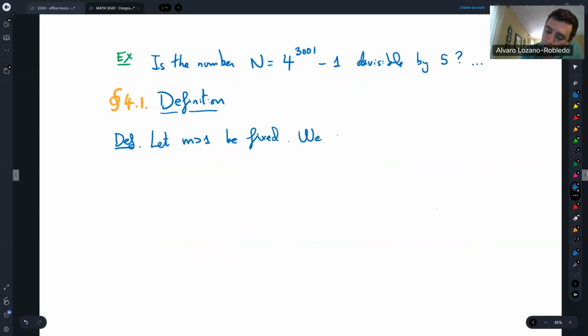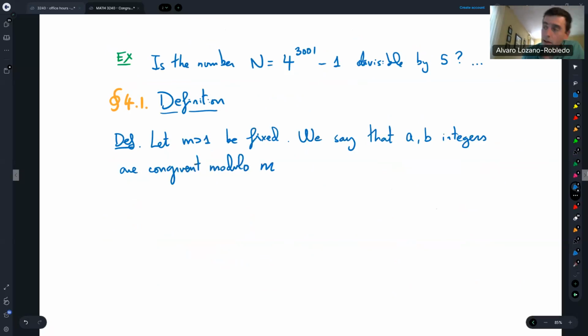Then we say that two integers, a and b, are congruent modulo m, and write that a is congruent to b modulo m, if m is a divisor of, or divides, a minus b.